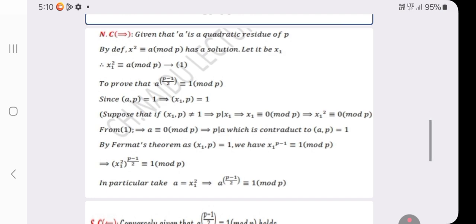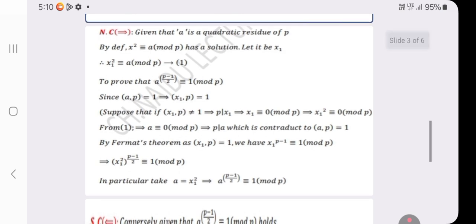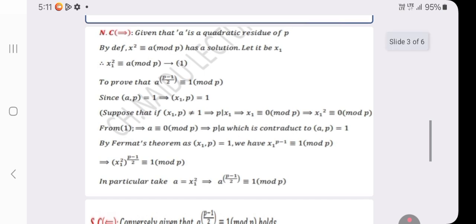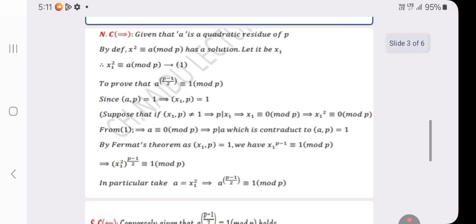So now what is it that we have to prove? We are going to prove that A to the power of P minus 1 by 2 is congruent to 1 mod P. Since the GCD of A and P equal to 1, we see that GCD of x1 and P is also equal to 1. Suppose it is not so, that means GCD of x1 and P is not equal to 1, then P divides x1.